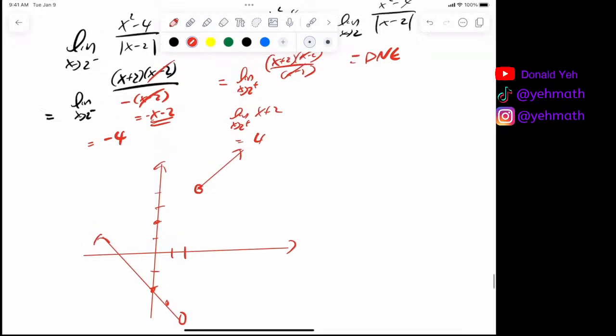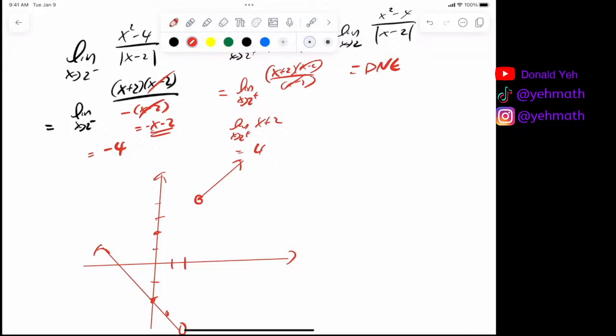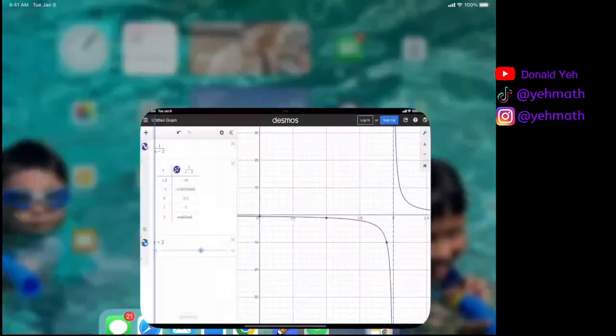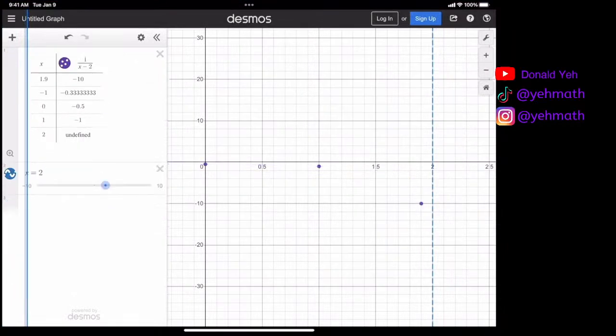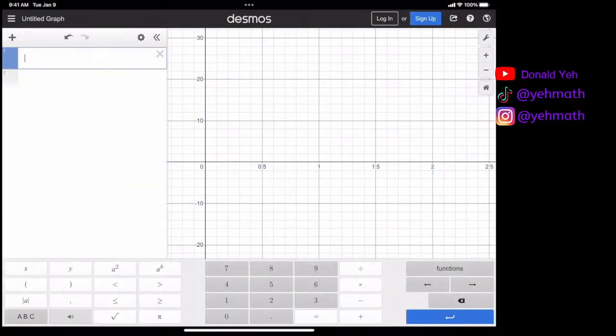No, that'll be a graph of x squared minus 4 over the absolute value of x minus 2. Actually, I'm going to graph it for you to show you before you think I'm lying to you. Because I could lie too. I'm a good liar. The top was x squared minus 4, right? And this one, oops.